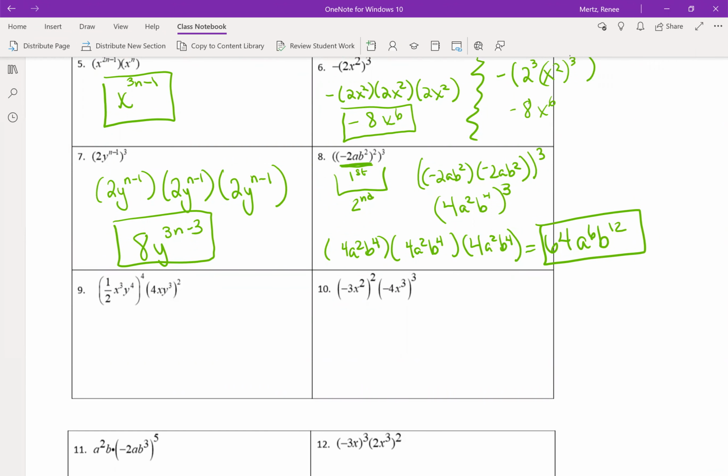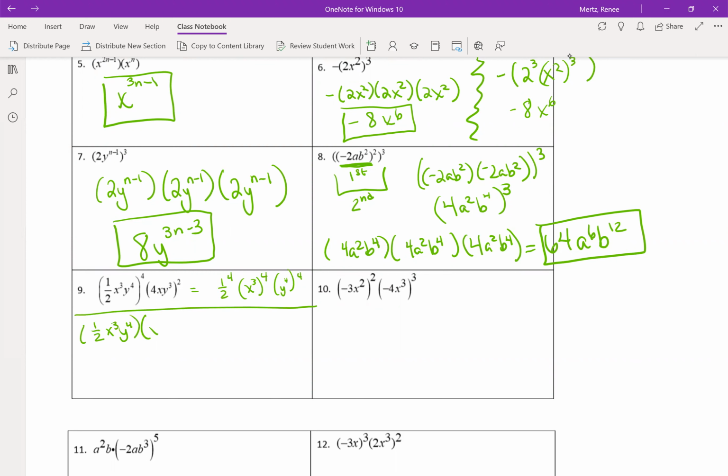For 9, you're doing the 1/2 to the 4th power, or you're writing it out 4 times. So again, you could expand it, or you can do it in one step. If you're doing it in one step, you're thinking 1/2 to the 4th, x cubed to the 4th, y to the 4th to the 4th. Or you're doing 1/2 x cubed y to the 4th.